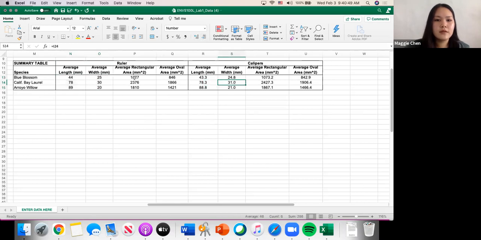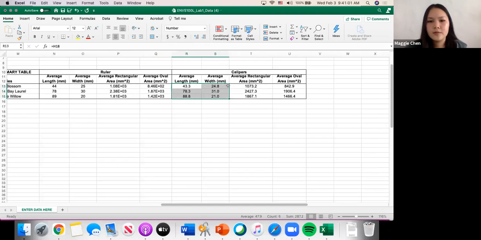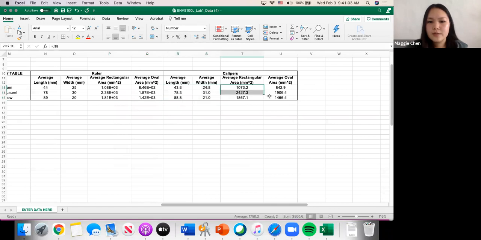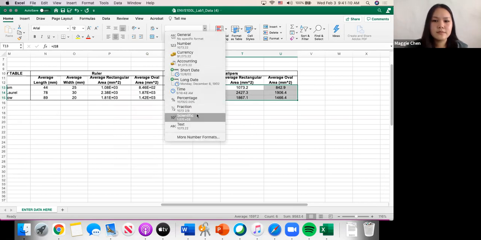And then we'll put these average areas into scientific notation. It looks like they're already in 3 sig figs for our calipers for our length and width. So again, we'll just put the average areas here for the calipers in scientific notation.